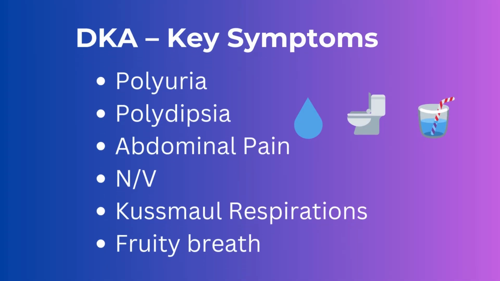Classic DKA symptoms include polyuria, polydipsia, weight loss, abdominal pain, nausea, and vomiting. Patients often have Kussmaul respirations and fruity acetone breath due to ketones.